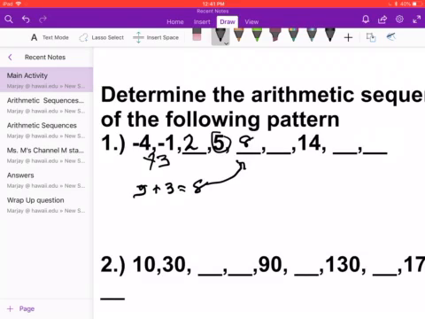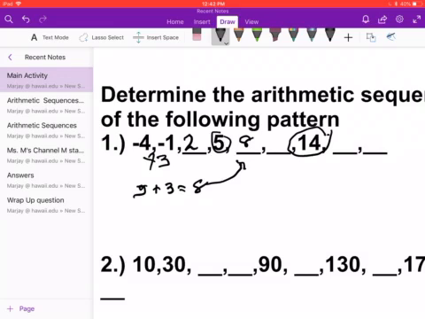What if I want to figure out the previous number if I am given the next number?